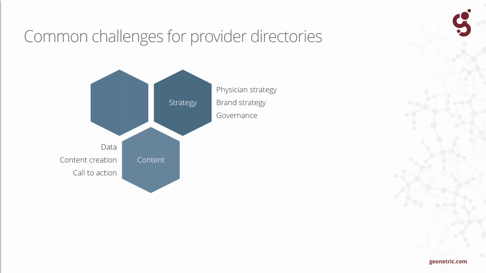Where do we even begin? Who are the providers, and what is the basic information about them that we want to include in this directory? And then it goes into the content creation and maintenance. On top of some baseline data, most organizations struggle to maintain a deep marketing database around all of the content that really supports a provider, whether that's the biography or video or just details about the services that they provide.